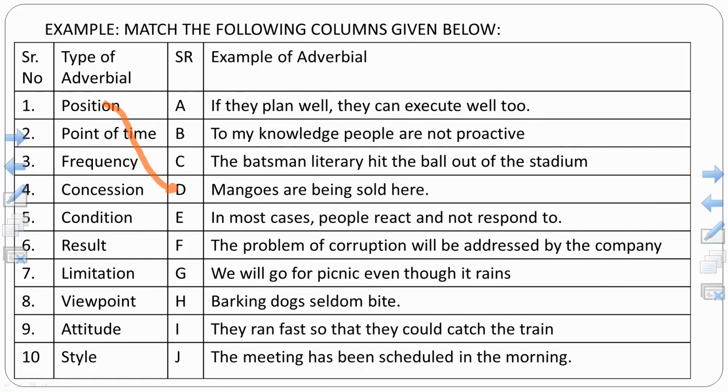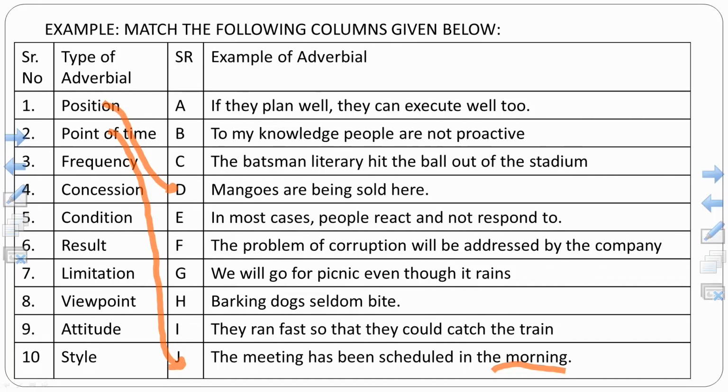If you see the examples, wherever you find the timings, wherever you find the particular time, that is our answer. So the second one is J. The meeting has been scheduled in the morning. So morning is the time, at what point of time.